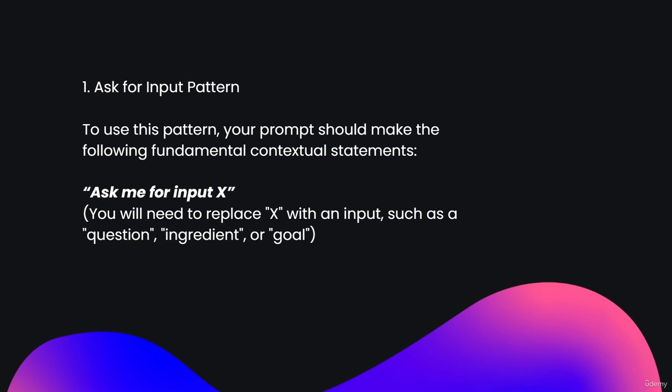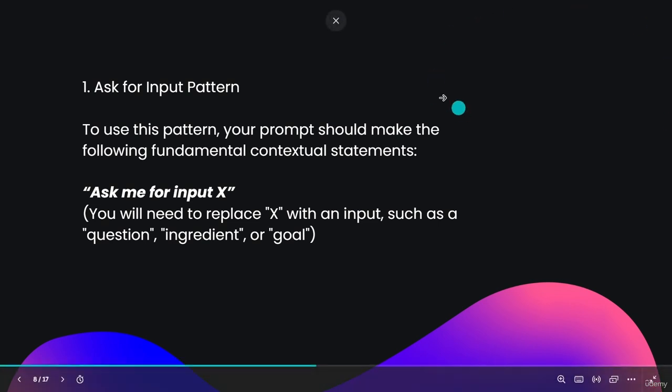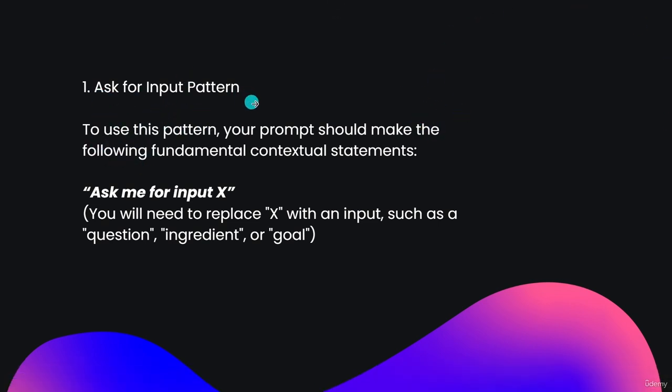To reduce unclear responses, improve clarity, and make interactions more predictable and easy, to get very effective output from AI. It is very simple to learn. The ask for input pattern is very easy to understand.